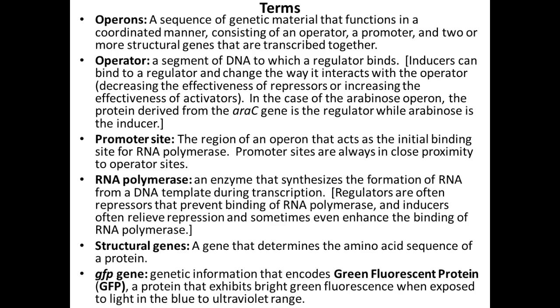For instance, in E. coli, another operating system or operon that's commonly used is what's called the lac operon. That's the one for the digestion of lactose. They don't make those enzymes all the time. They only make them in the presence of lactose. So when lactose is available, they make the enzymes to digest it. They have that genetic information, but they're not always expressing it.